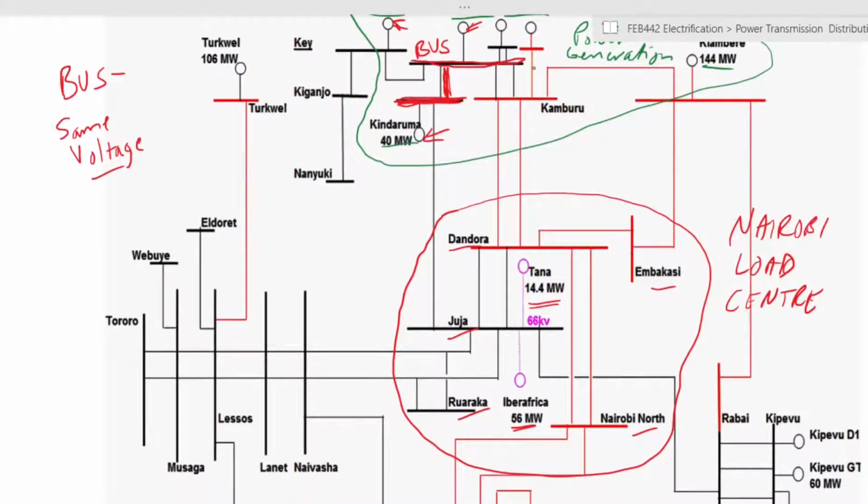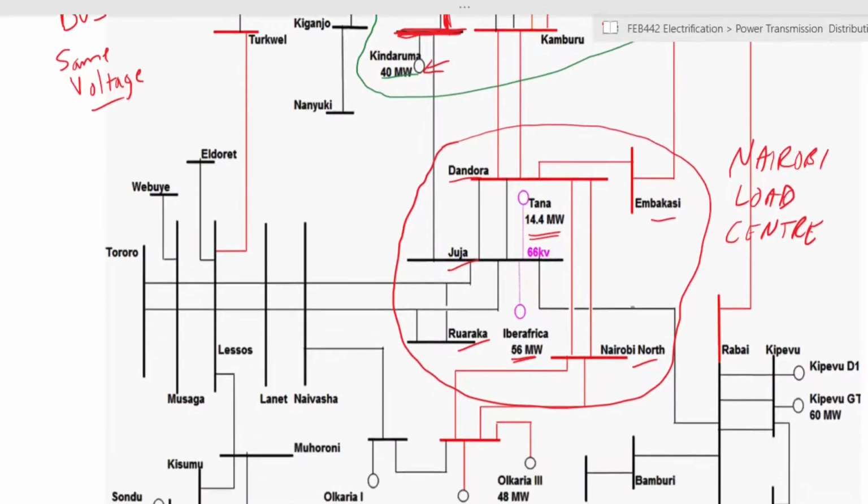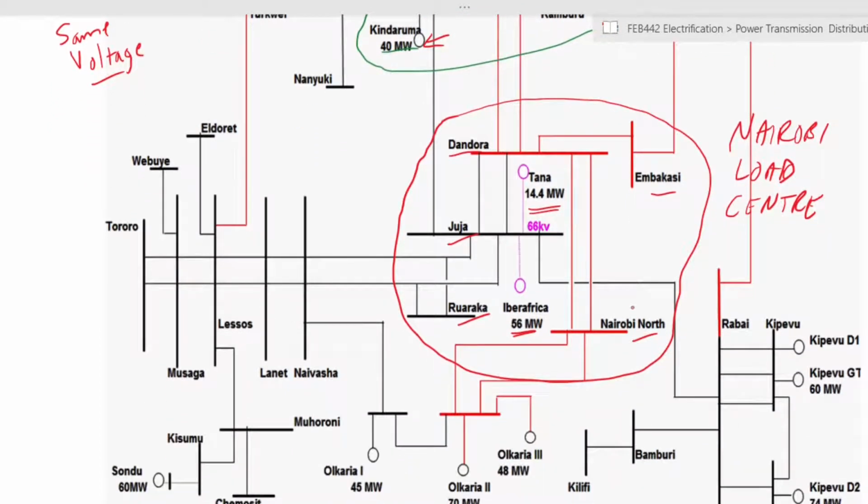So the same thing can be seen from here, where you have places like Embakasi, Ruaraka, Juja. These ones, as you move around Nairobi, Dandora, places like that, those are the main receiving stations that receive the bulk power from the various power generation areas and step it down and circulate it around Nairobi. And you will notice that within Nairobi, the sub-transmission is at 66 kV.